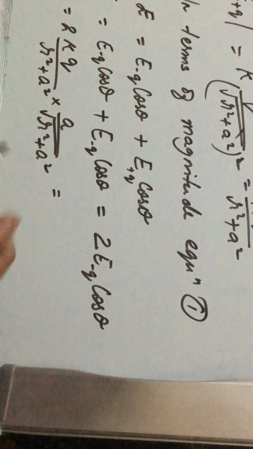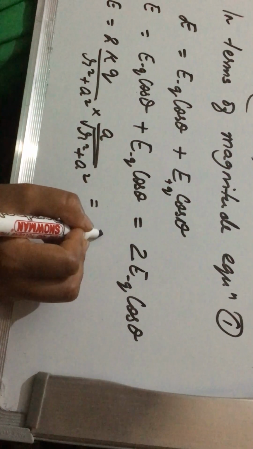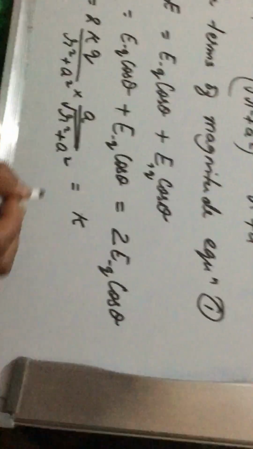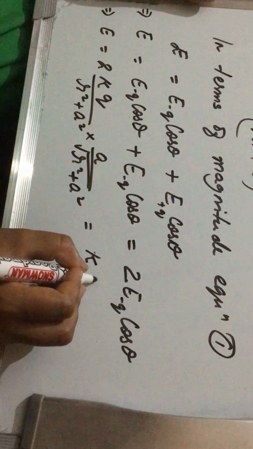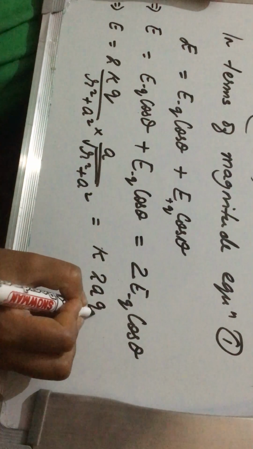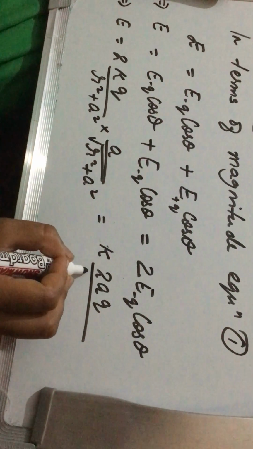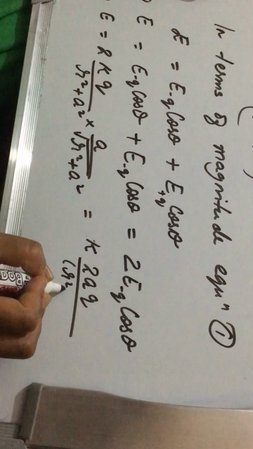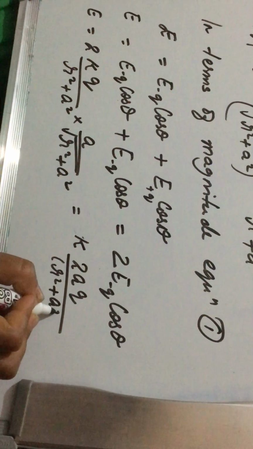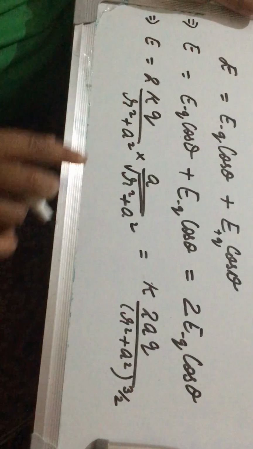What will it be? I can write k, 2a q by r square plus a square to the power 3 by 2. You can check this one.